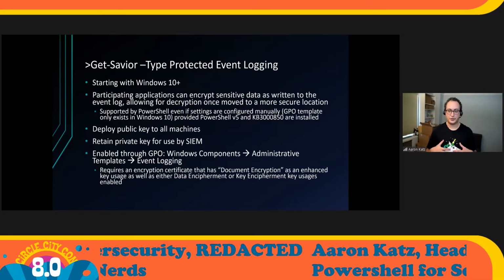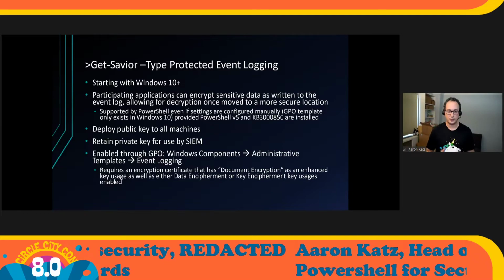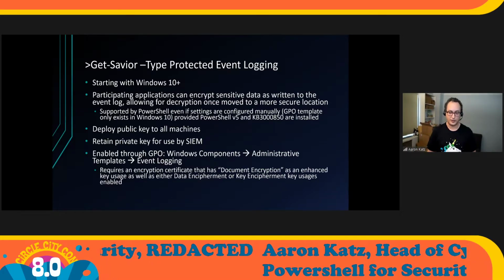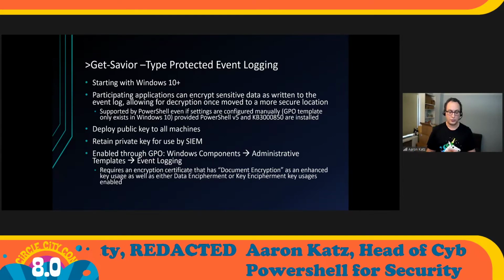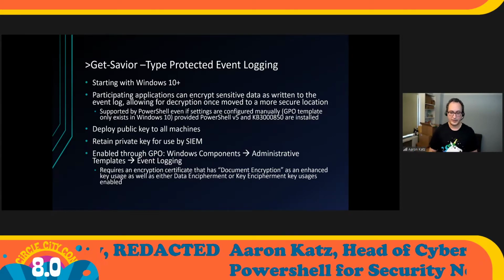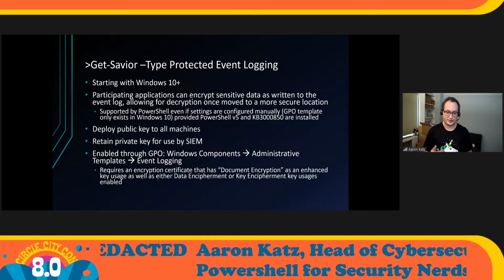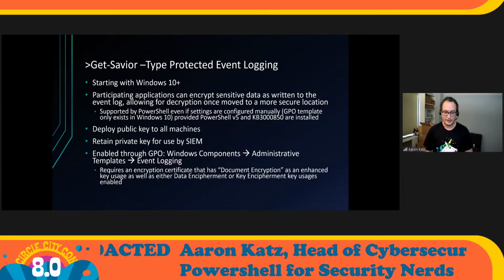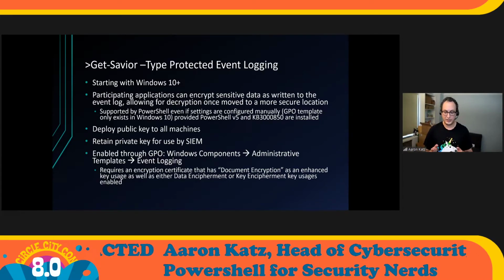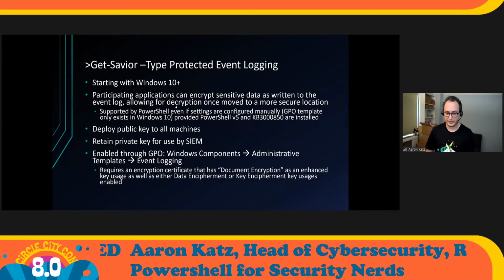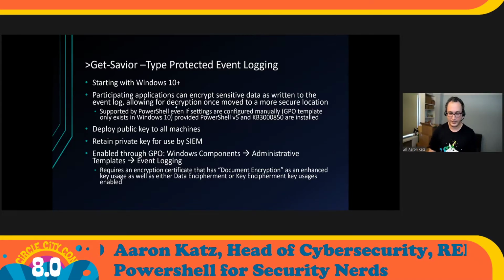That will actually encrypt sensitive data when it's written to the log, and you can decrypt it once it's moved to a more secure location. It only exists in Windows 10. It's supported by PowerShell, but you have to have PowerShell version 5 and a specific KB installed. You can just enable it through GPO, and again, I highly recommend it if you're able to enable this.